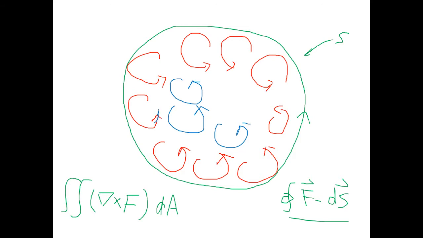this one will cancel with this one, which means that the inside part will also cancel each other. So you calculate all the curl over the whole area, and this curl will cancel with all this part.